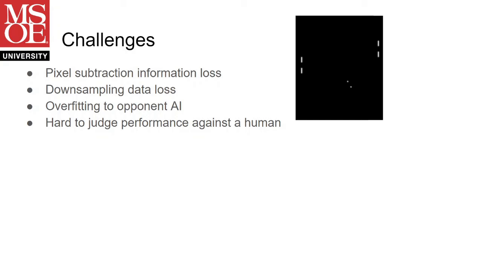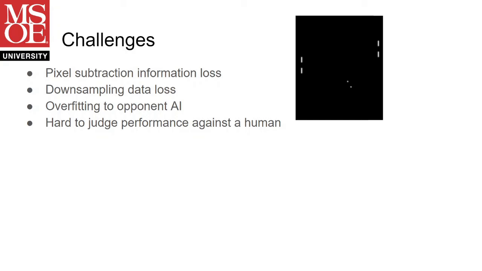One of the more interesting challenges we ran into was overfitting on the opponent's AI. So this is the hard-coded opponent that our agent trains against. And at first, our strategy was that this hard-coded agent would basically follow the ball all the time.